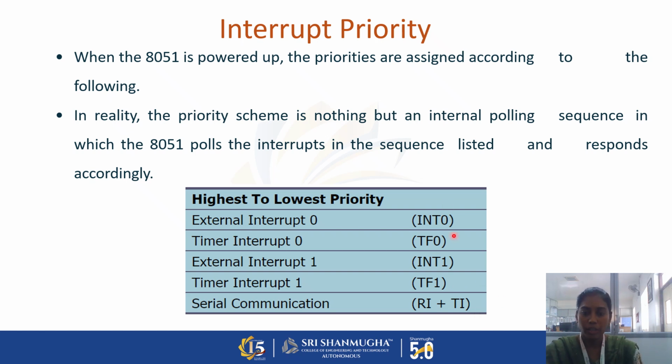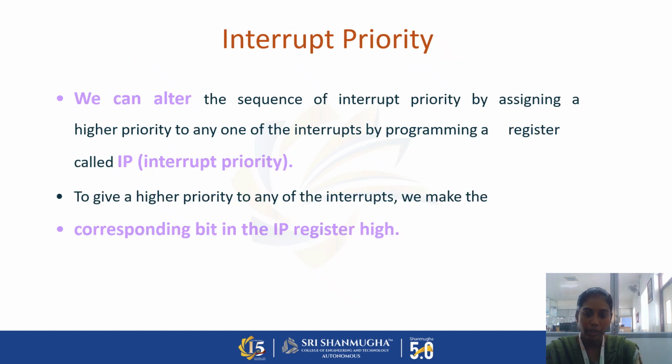Based on this order, if two or more interrupt signals call the microcontroller, what will happen? The microcontroller checks the priority, then performs the service based on the priority. We can alter the sequence of interrupt priority by assigning the highest priority to any one of the interrupts using the interrupt priority register.